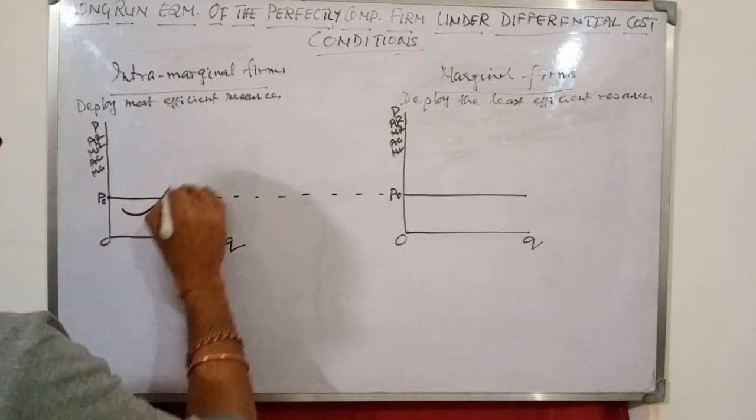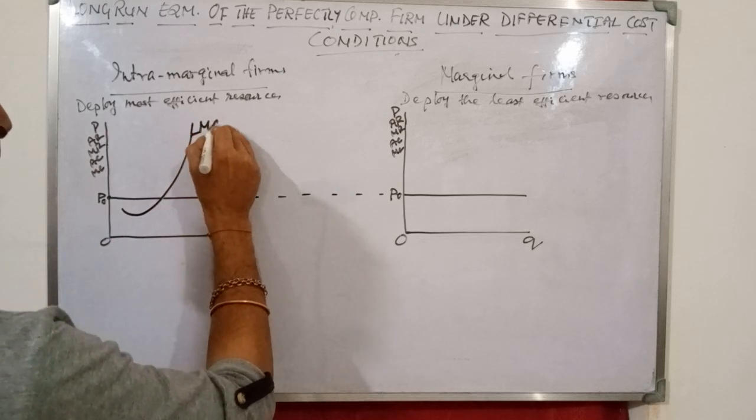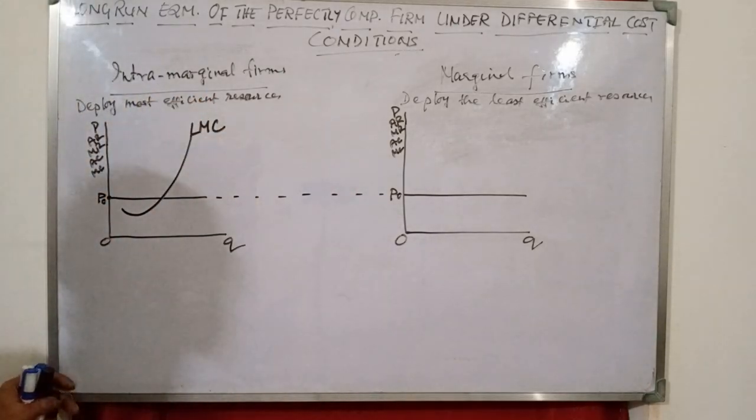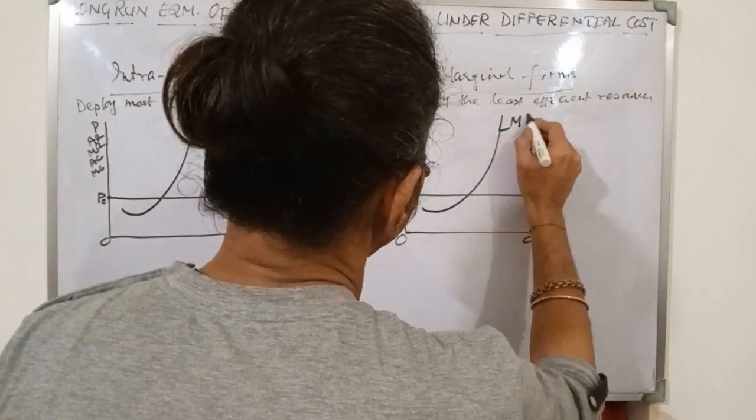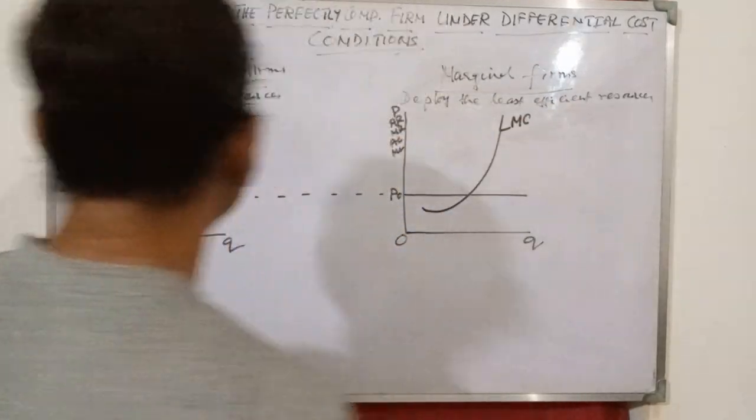Now this is the long run marginal cost curve of the intra-marginal firms, and this is the long run marginal cost curve of the marginal firms.